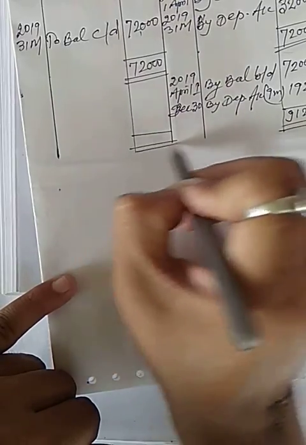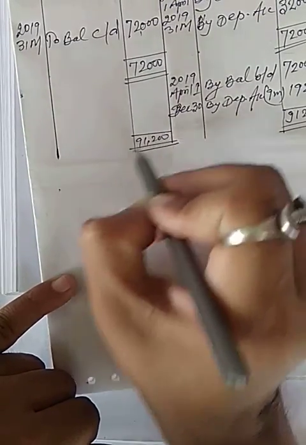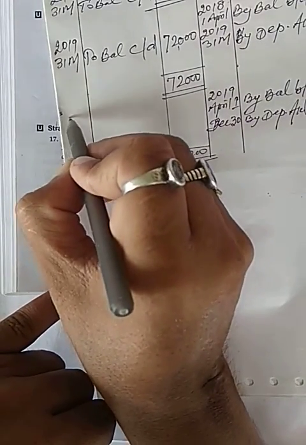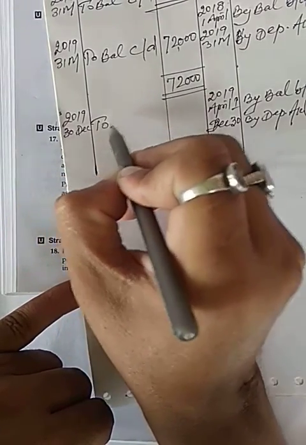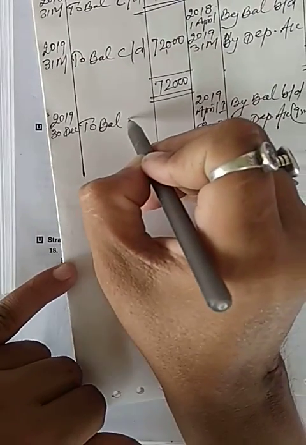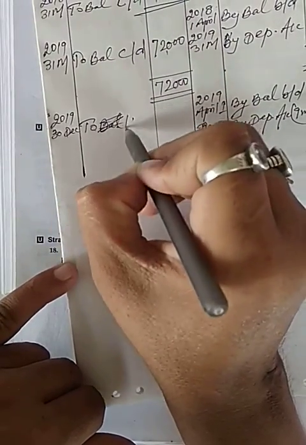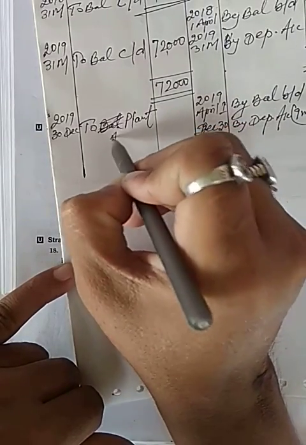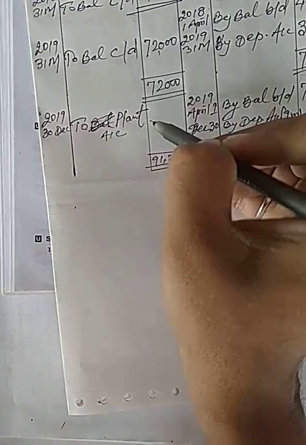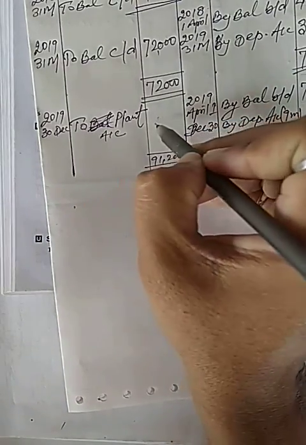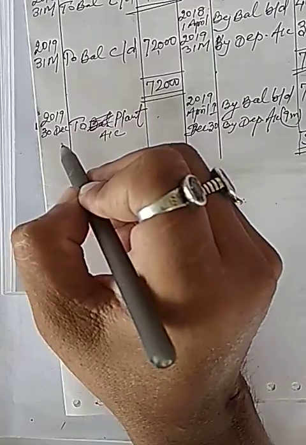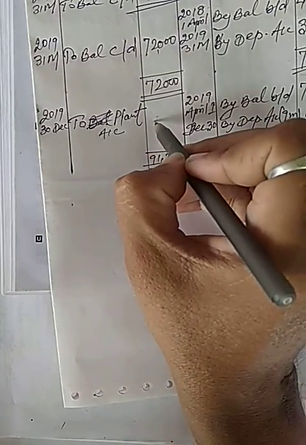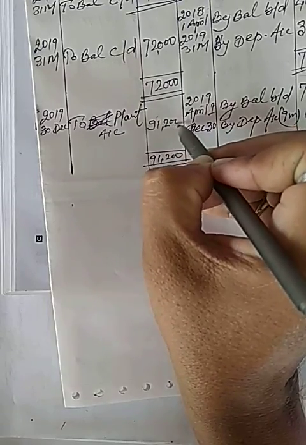Now students, I will also write on the debit side 91,200, and on 2019 30th December to plant account, because this plant is being sold at this time, so it will be 91,200.